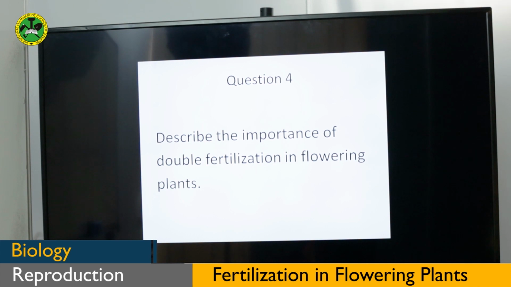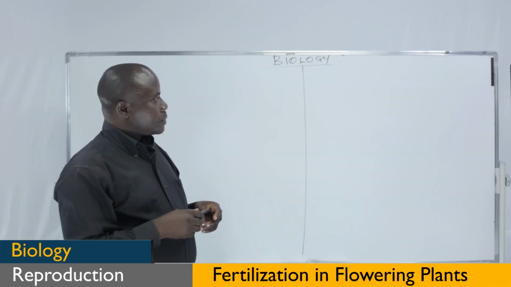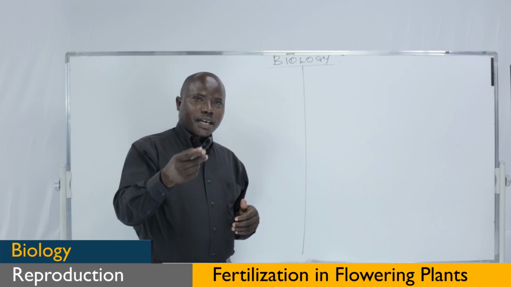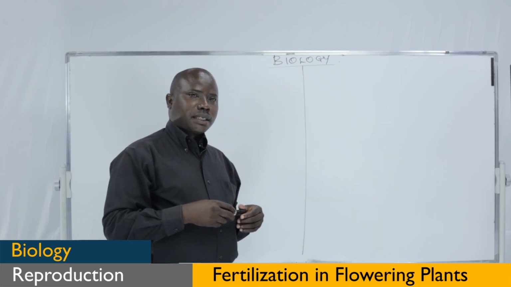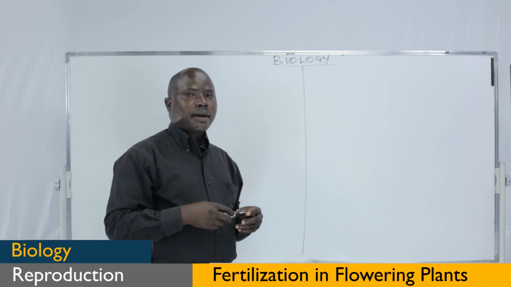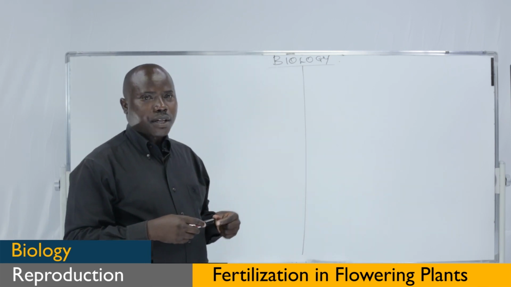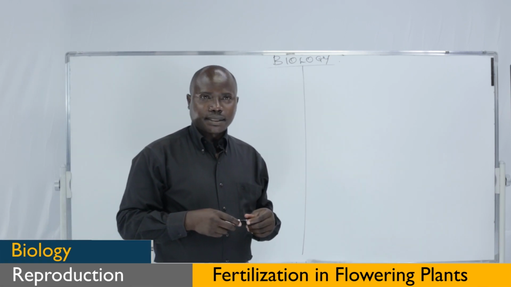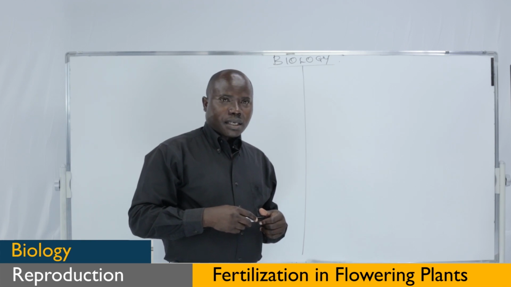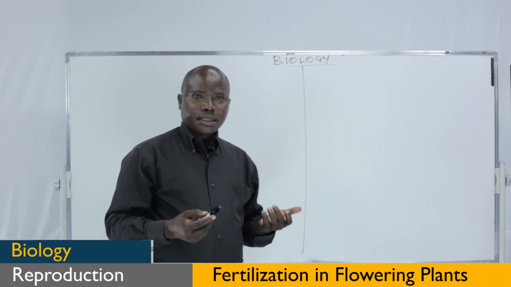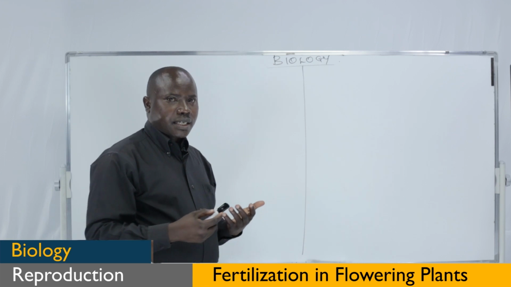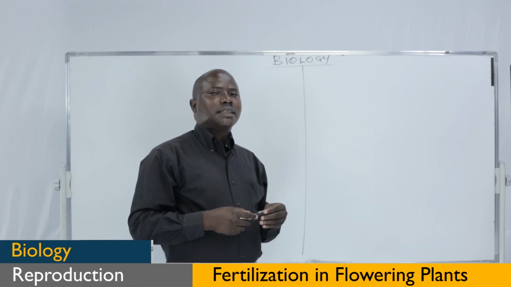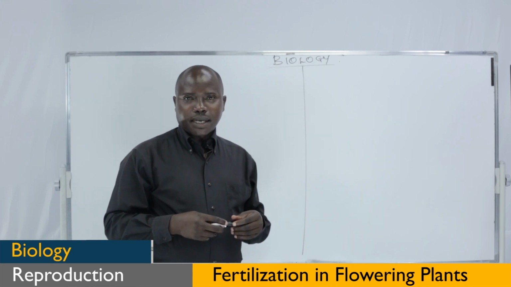Describe the importance of double fertilization in flowering plants. Dear students, you have heard this question which requires a description of the importance of double fertilization. As we understand, double fertilization is a unique characteristic in flowering plants.